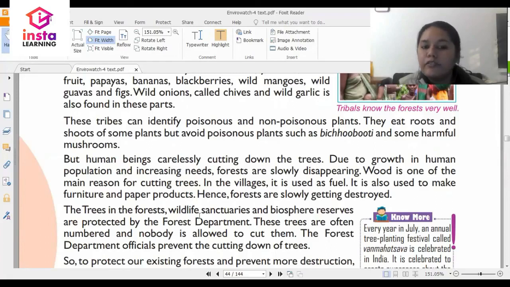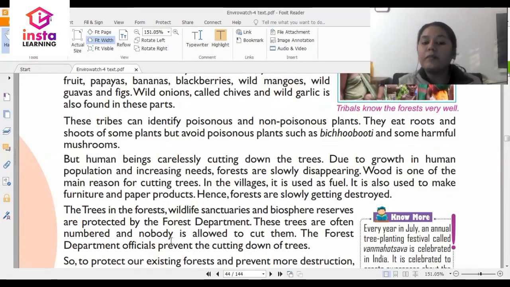The trees in the forest, wildlife sanctuaries, and biosphere reserves are protected by the forest department. These trees are often numbered and nobody is allowed to cut them. If someone cuts these trees which are protected by the forest department, that person can also be punished by the law.